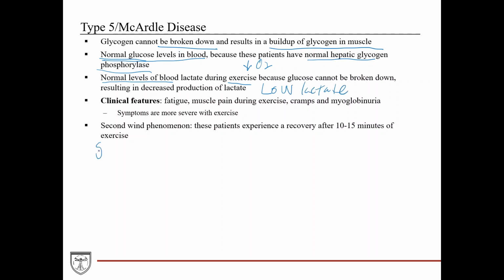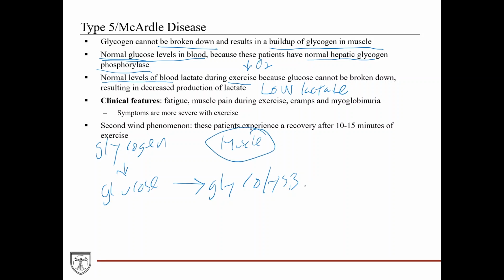So you have glycogen, which breaks down to glucose, right? Glucose goes through glycolysis. This is all in the muscle, by the way. Glycolysis then gives you pyruvate.